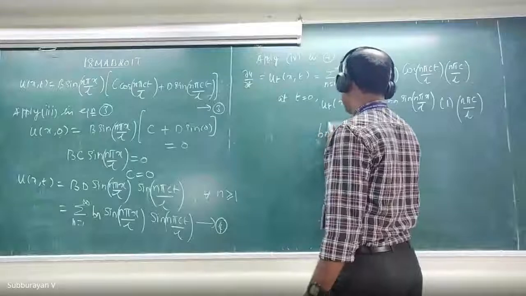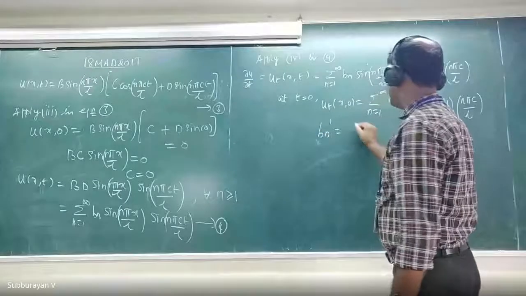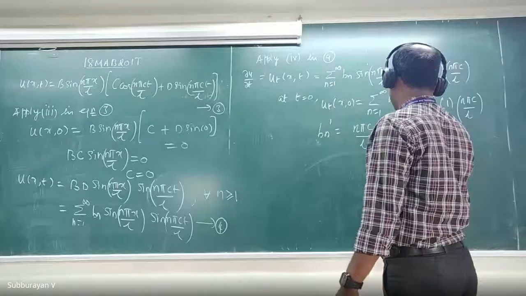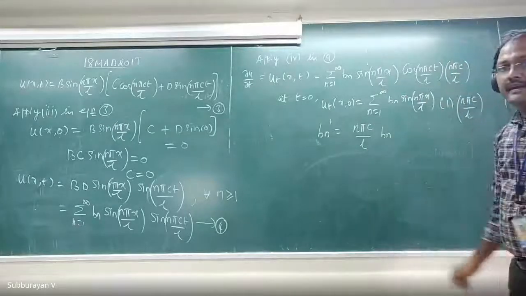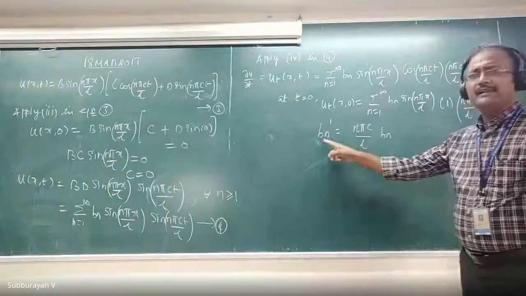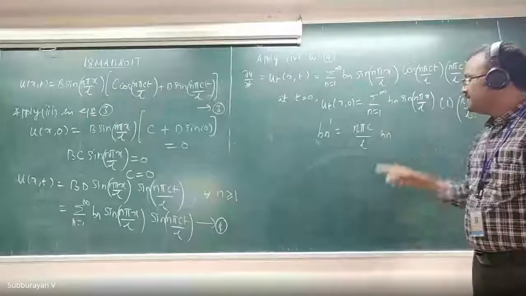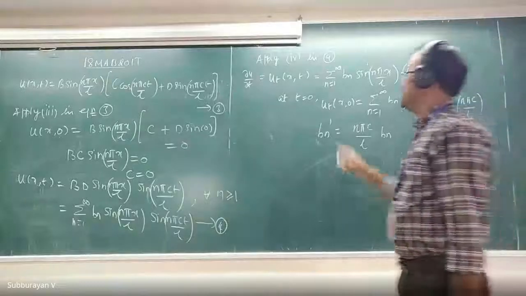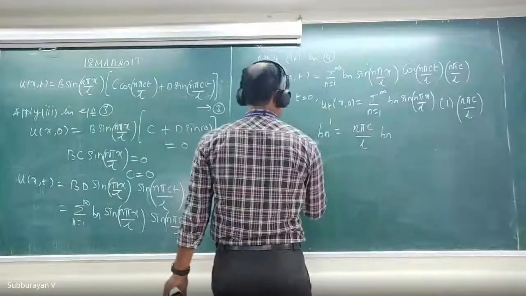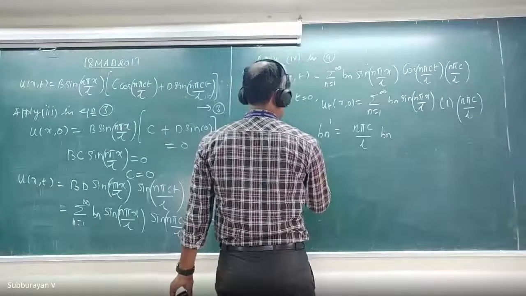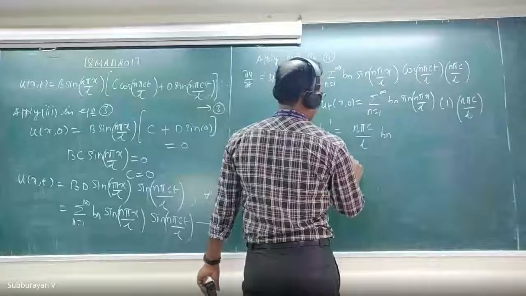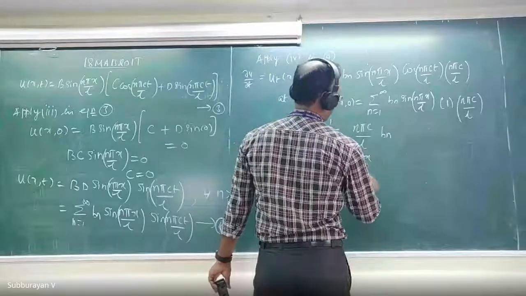That is my Bn dash, which is equal to n pi c divided by L into Bn. Therefore what you will get? Summation n equal to 1 to infinity Bn dash into sin(n pi x by L).